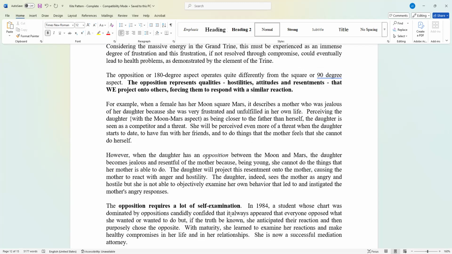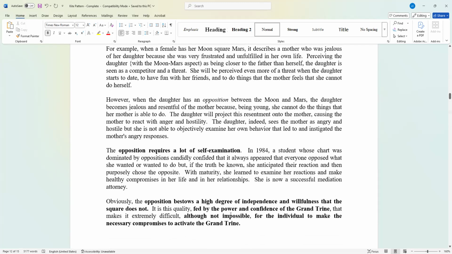So the daughter sees the mother as angry and hostile, but she's not able to objectively examine her own behavior that led to and instigated the mother's angry responses. So when you have an opposition, it's going to require a lot of self-examination. Why are people opposing me or doing the opposite? Is it something that I'm doing or initiating that is causing them to react in a certain way?